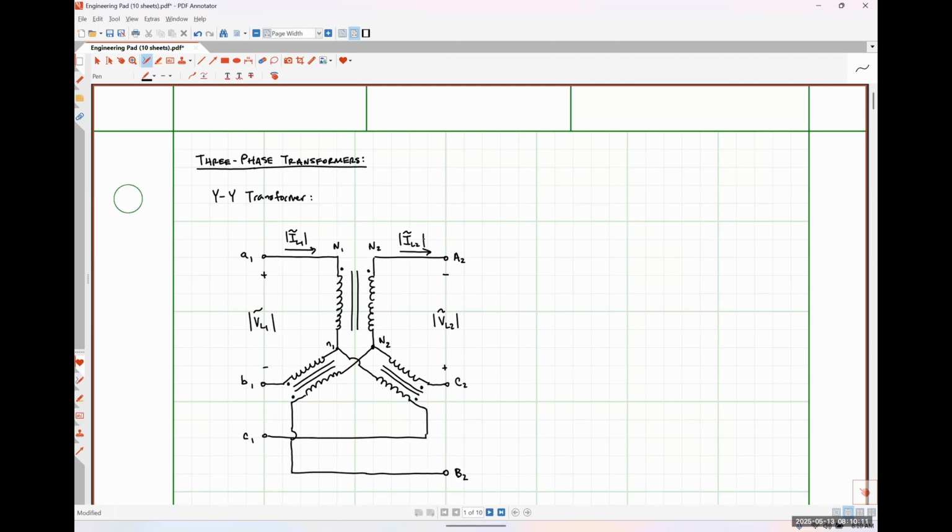So we could say for a system like this that the ratio of the primary line voltage to the secondary line voltage is the same thing as the ratio of the secondary line current over the primary line current is the same thing as N1 divided by N2, or simply a.